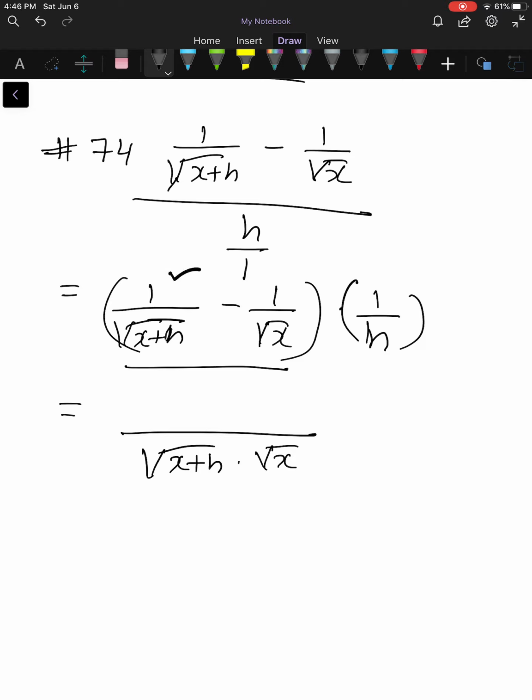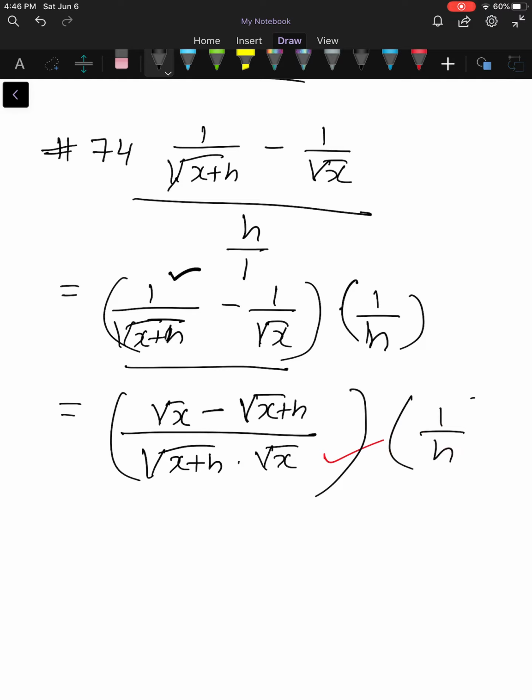And what would you get in the numerator here? It would be square root of x, because that is the thing that you multiply with square root of x plus h to get the LCM, minus square root of x plus h in the other term. So now this times 1 over h.